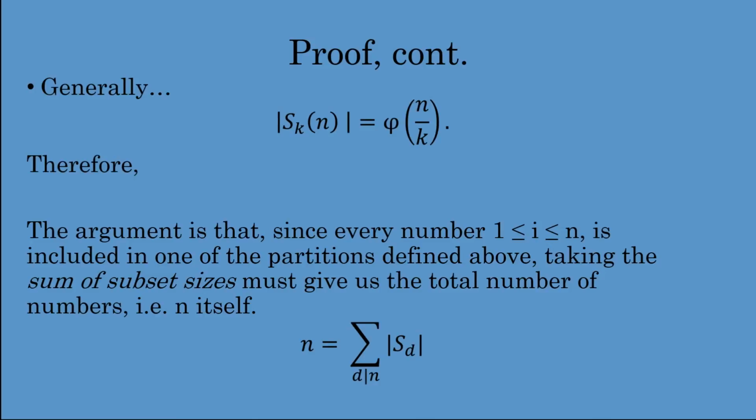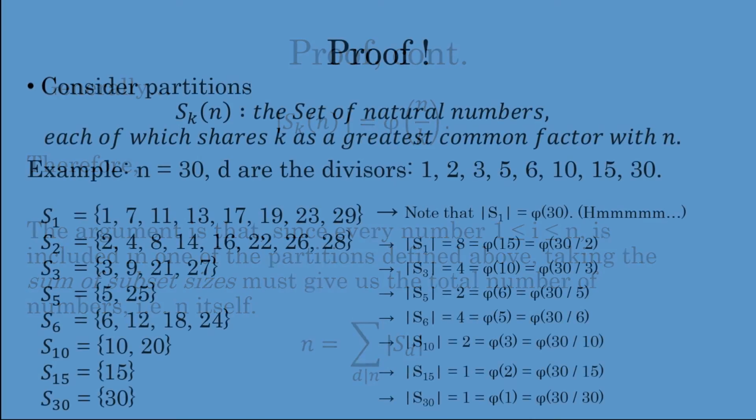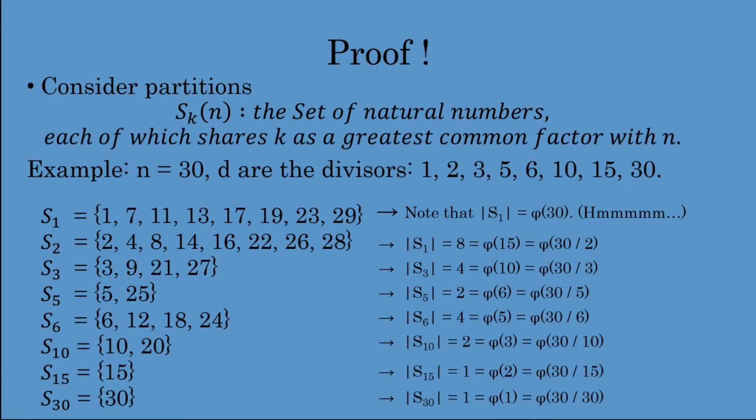Then there exists a member of the set S sub k of n that is not coprime to n over k. So let's say there exists some m, lowercase m, call it, let's say, 12. Just consider 12 as an example.